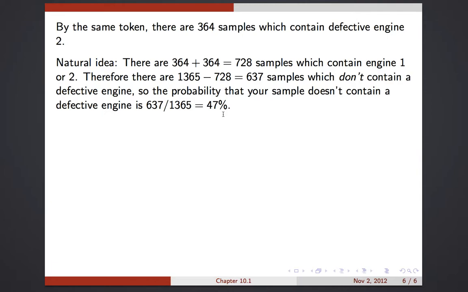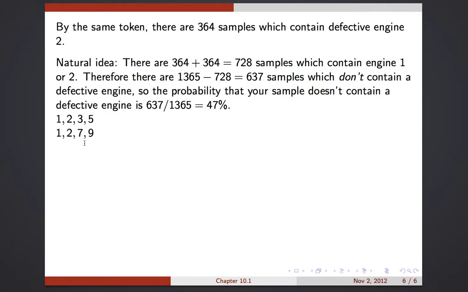Okay, so at this point, if you're curious, you might want to pause this and see where you can find the error in this thinking. But in any case, let's think about this logic. So let's look at a sample like these. Here's a sample of size 4. It contains engines 1, 2, 3, and 5. Here's another sample of size 4. It contains engines 1, 2, 7, and 9.